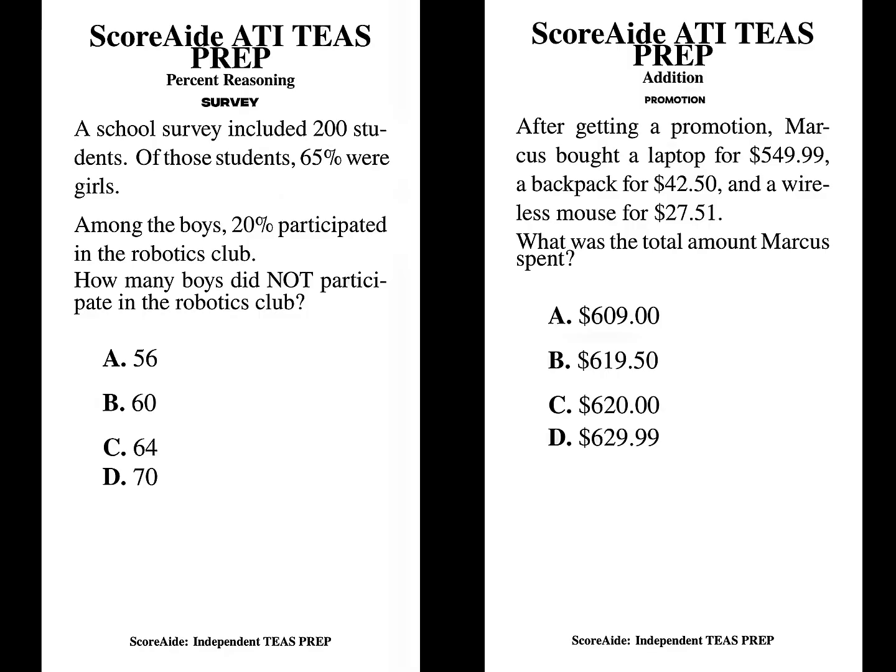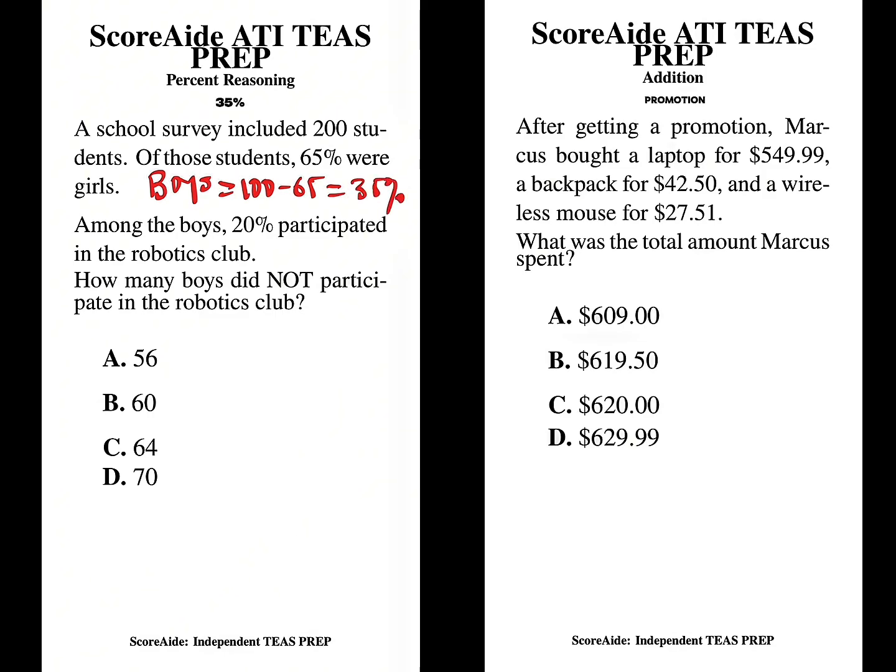A school survey included 200 students. Of those 200 students, 65% were girls. So if 65% were girls, it means that boys were 100 minus 65, which is equal to 35%.